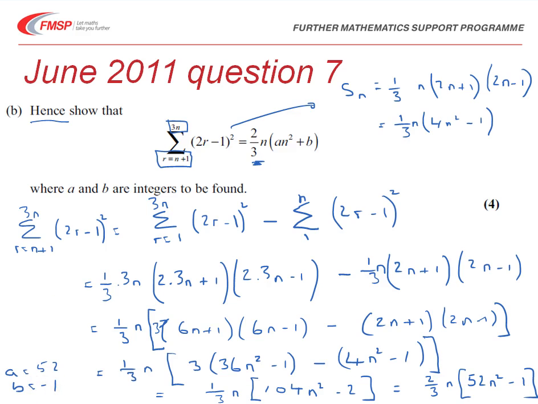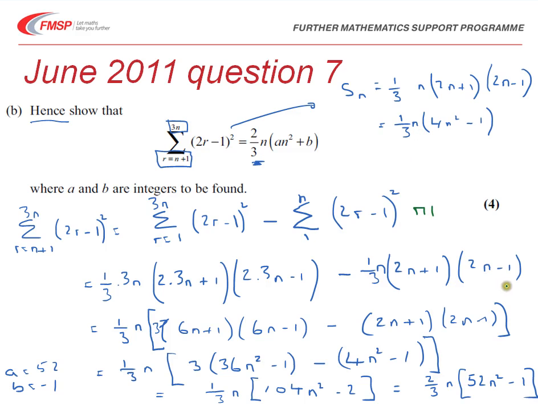Right, looking at the marking for that, 4 marks. So the first method mark came as before by realizing how to do the question in terms of this subtraction of 2 summation formulae that we'd calculated in the first part of the question.